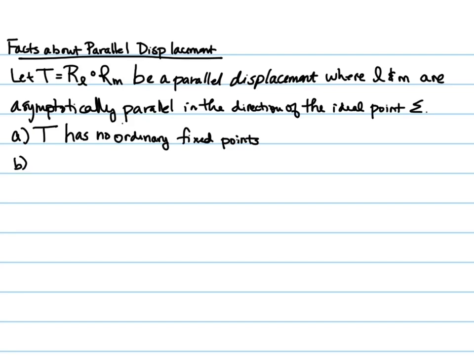The second one is that this transformation, this translation, has no invariant lines. We've talked about invariant before. Remember, it means that the lines are unchanged even if the points switch locations on them, the lines are in the same location. We don't have those here.